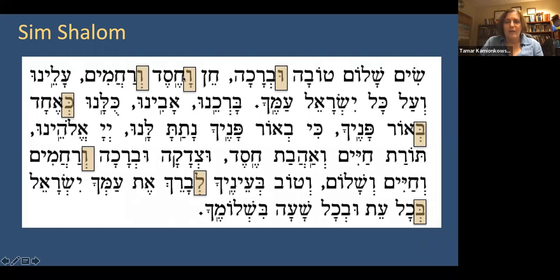So whenever you see a vav on a noun, you can think this is my conjunctive, and we have here u tzedakah, u beracha, ve chayim, ve shalom, right, and on and on.